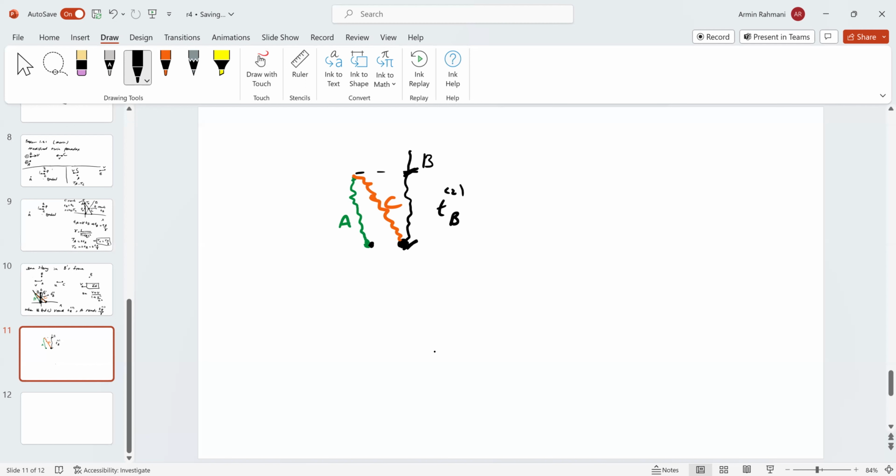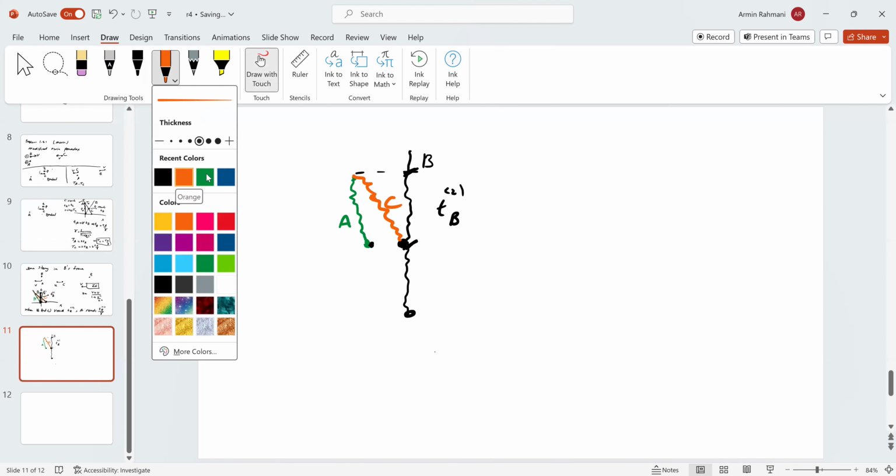All right, so I know that A is moving at velocity V. So let's go down. This was the origin, right? B started over here.